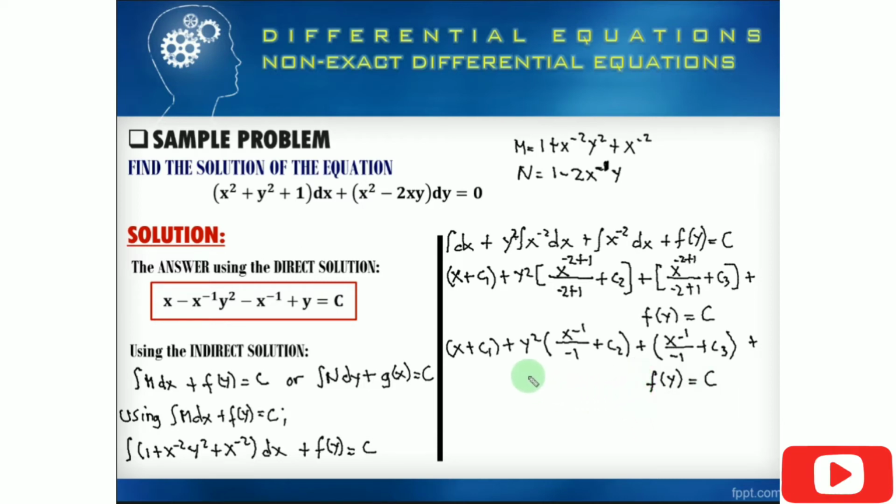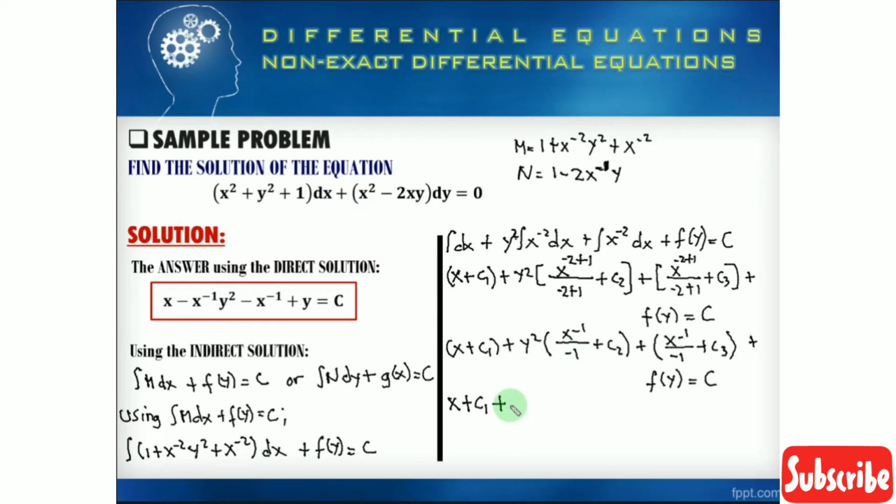So after this one we are going to separate the constant. So this will be x plus c1, and then you distribute this one here, so plus y squared times this one.